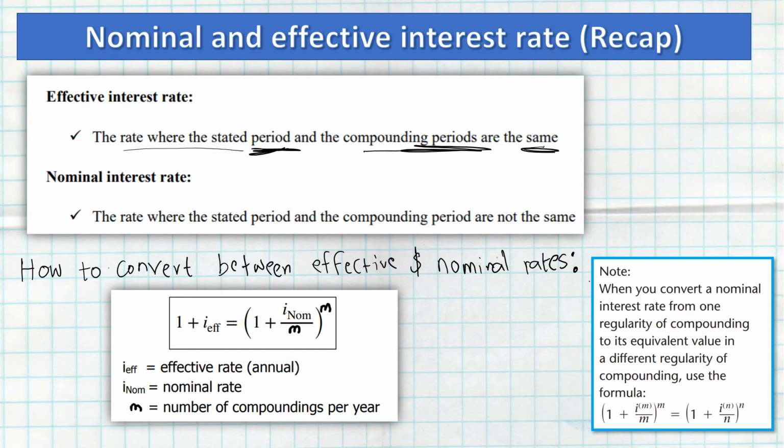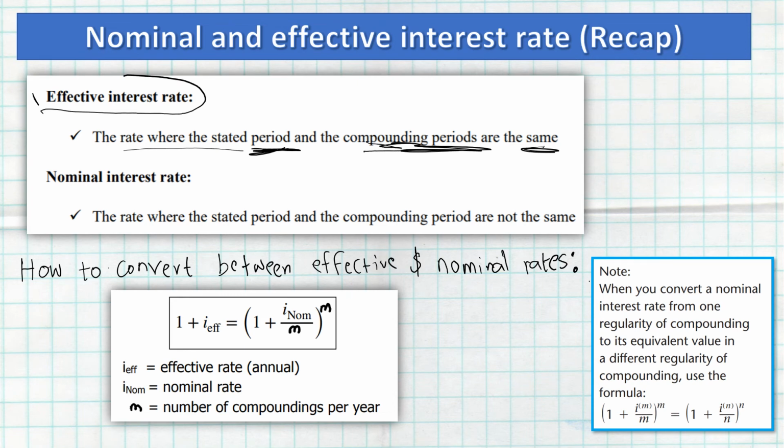For example, the interest is 5% per annum compounded yearly. The period is per annum and the compounding period is yearly, and annum and yearly are the same thing. So we call that an effective interest rate.